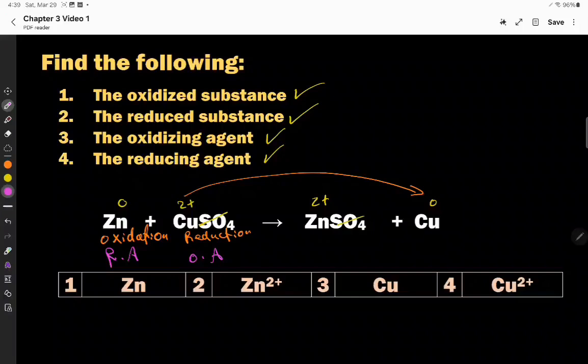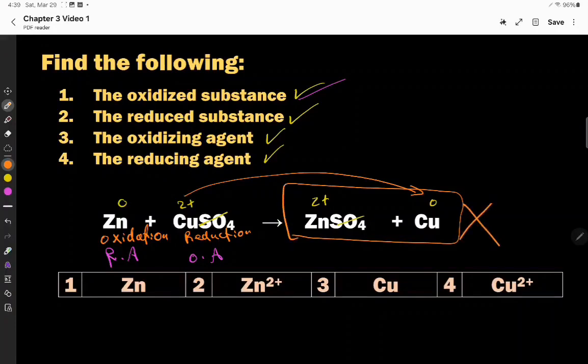Now the question will tell you, for example, the oxidized substance. We will look at the choices. The first step we should do is cancel what is after the arrow, because what comes after the arrow is not the oxidized substance, not the reduced substance, not the oxidizing agent, and not the reducing agent. So you should directly cancel the choices that come after the arrow.